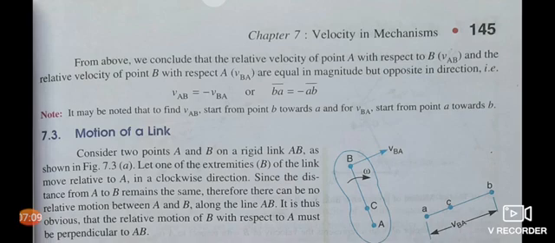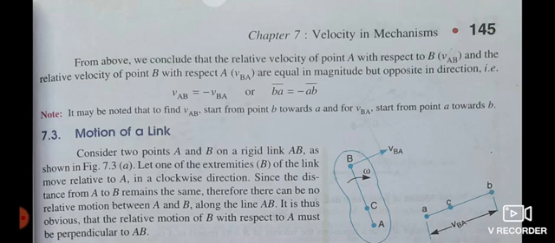From above, we conclude that the relative velocity of point A with respect to B, VAB, and the relative velocity of point B with respect to A, VBA, are equal in magnitude but opposite in direction, that is VAB equals minus VBA, or BA vector equals minus AB vector.